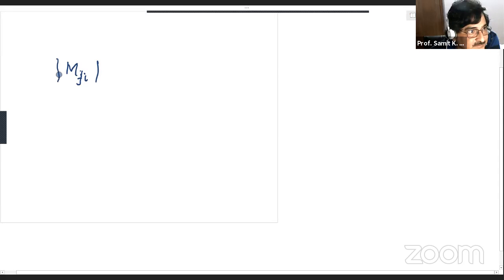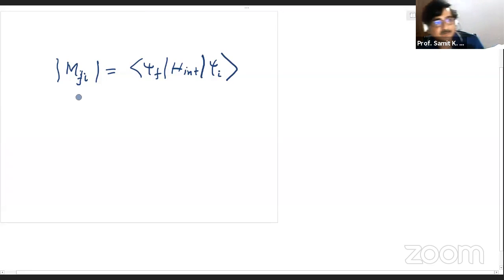This is equal to my psi_f, H interaction and the psi initial. Okay, I'm not putting the square right now. So this is my matrix element, and you can write it in the integration form also.